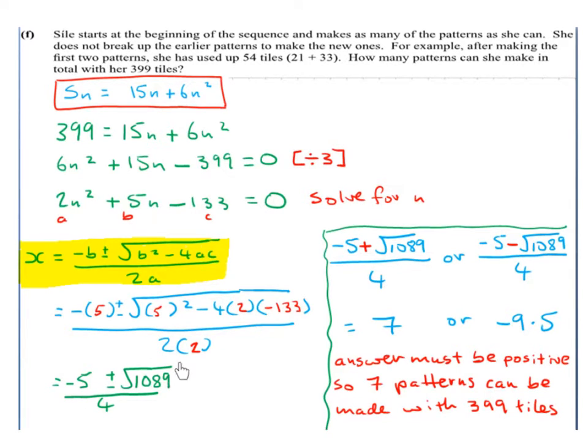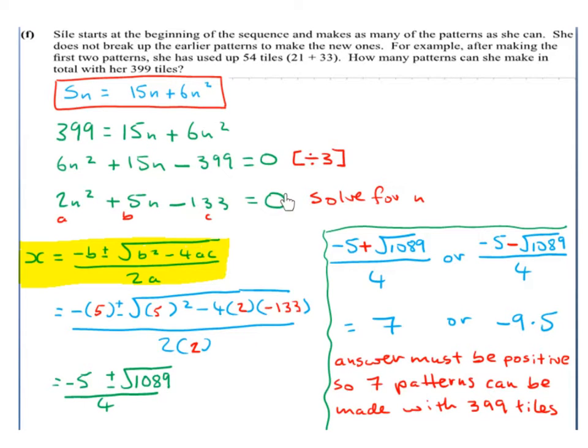So basically we just broke this apart into 2 sums, one with a plus and one with a minus. So you can put this all into the calculator in one go. I'd use the fraction button, and my numerator would be minus 5 plus the square root of 1089, and my denominator would be 4. And you'll get 7. And then likewise do the same with this, and you get minus 9.5.